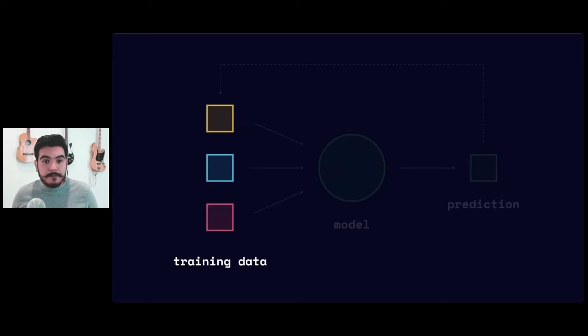So this part of the process, the part where we collect the training data or the examples that we will feed into our models, is one of the critical steps for us to be able to build a whole ML-enabled product. And it's especially in this critical step of the process that design meets machine learning.